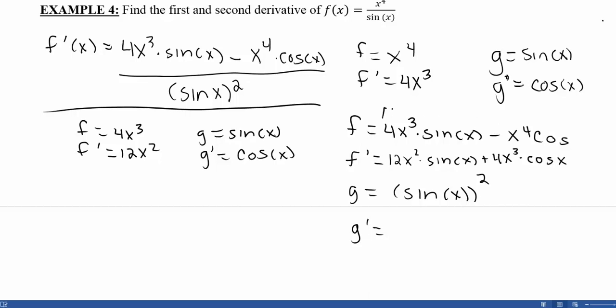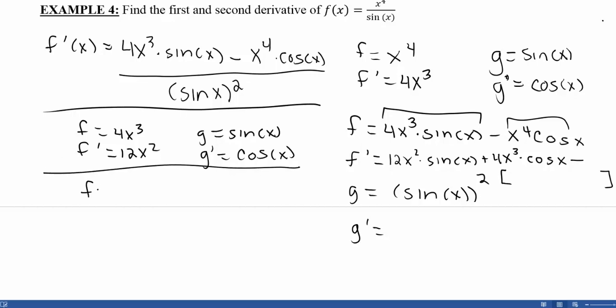But that was just the derivative of my first term. From that, I have to subtract off the derivative of the second term, x to the fourth times cosine x. So again, I'm going to have to do another product rule. So my f is x to the fourth, and my g is cosine x.